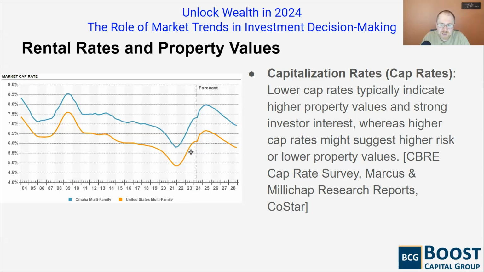In this case, it's CoStar who's forecasting the local peak of cap rates, which corresponds to the local bottom of the market, about mid 2025. But it could happen sooner if the interest rates were going to get lower in the shorter term.